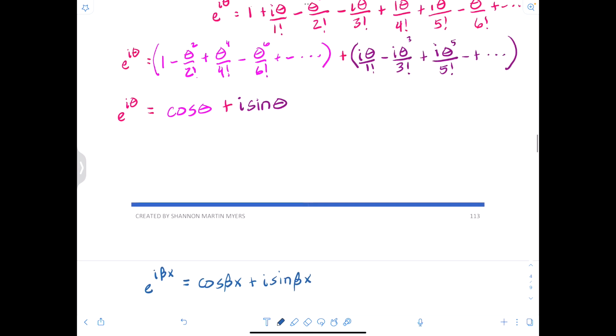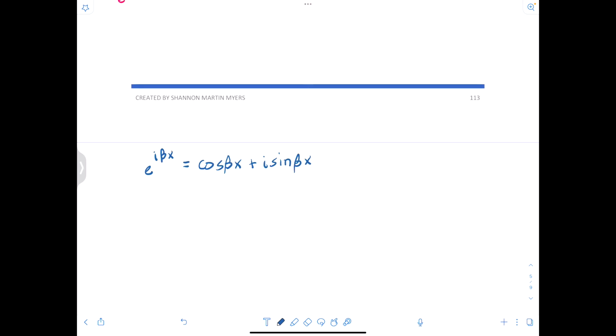So it's the same idea as what we were doing before. Instead of just having an i times theta, we have an i times beta times x. And so now if we look at e to the negative i beta x, that's going to equal cosine of negative beta x plus i times sine of negative beta x.